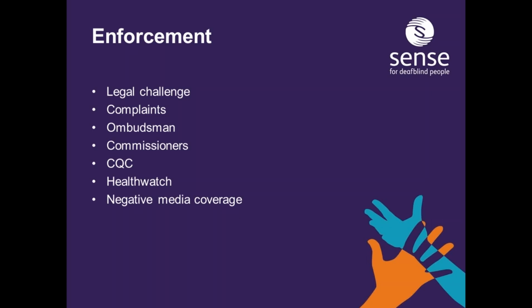It monitors, inspects and regulates health and care services to ensure that they meet standards of quality and safety. The Care Quality Commission have stated that they will look at evidence of how services implement the Accessible Information Standard when we make judgments about whether services are responsive to people's needs.